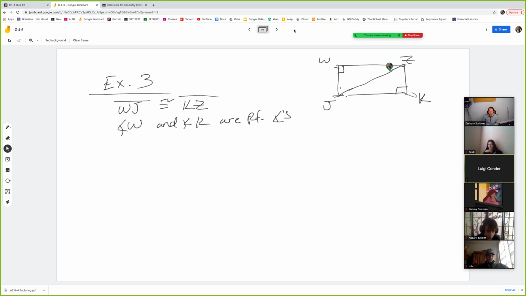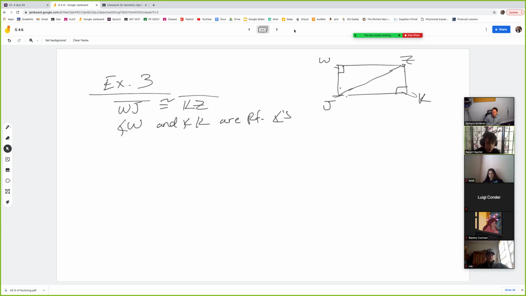All right, here we have it. Nazari, how can we prove that the two hypotenuses are congruent?